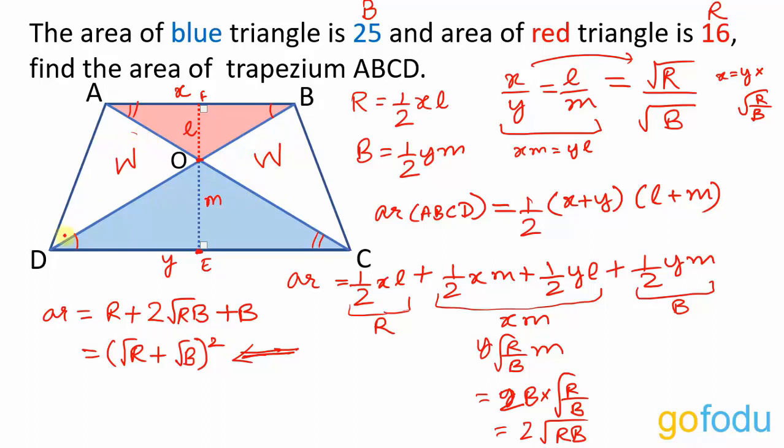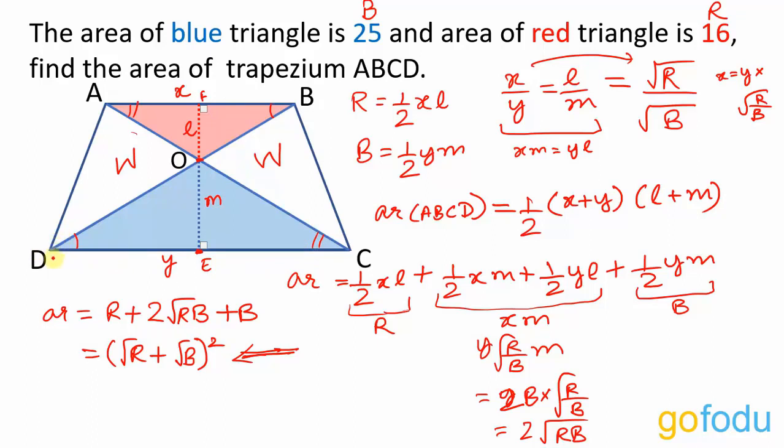Why? Because triangle DAC and triangle DBC will have equal areas. Both triangles have the same base DC, and they are between the same parallel lines AB and CD. Their height is the same and their base is the same, so both triangles will have the same area.